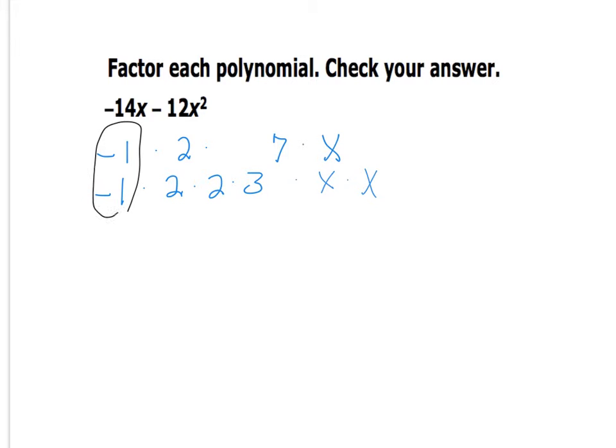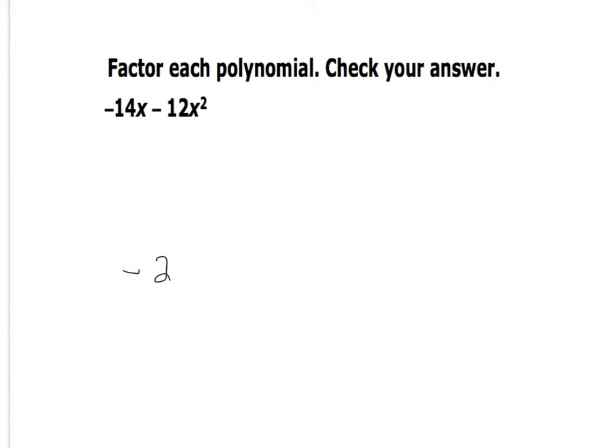There's a negative 1 common, there's a 2 common, and there's an x common. So our greatest common factor is going to be negative 2x. And let's see, there's a 7 left, so we're going to put a 7 like that.